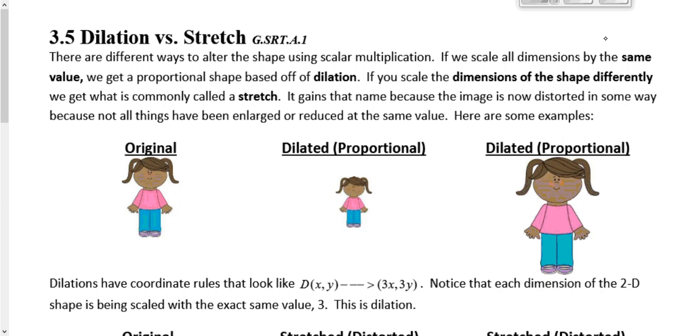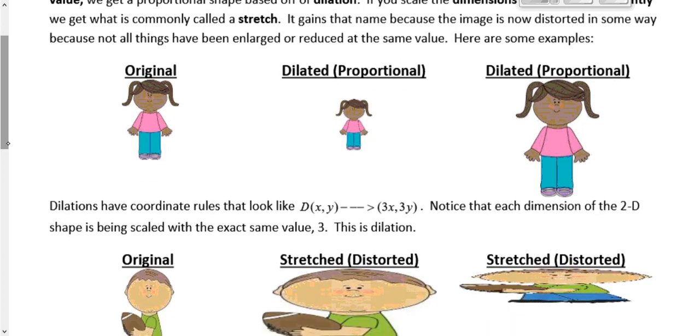All right, so again, we know the dilation versus stretch thing, right? You know the difference, yes? Okay. And so our notation for dilation, I'll just squeeze it in here, the mapping notation will look like this.